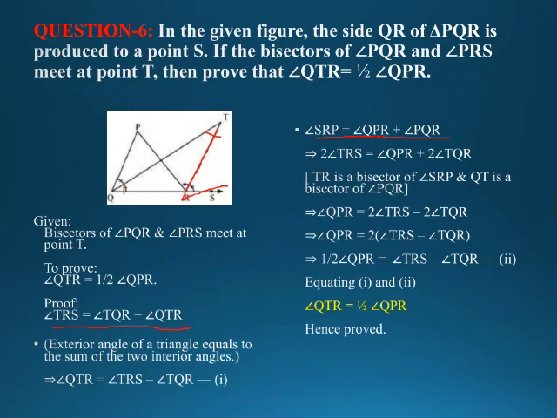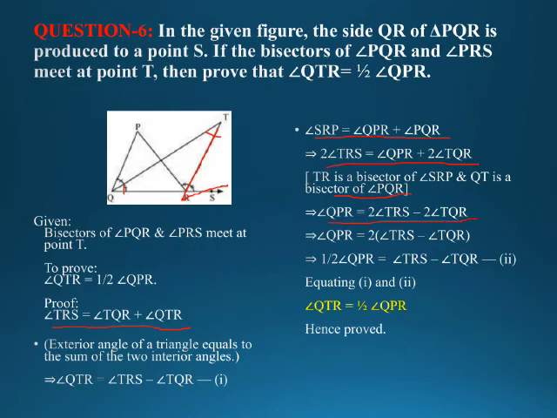So we can modify this as 2 of angle TRS equals angle QPR plus 2 angle TQR. Here TR is the bisector of angle SRP and QT is the bisector of angle PQR. So we can write angle QPR equals 2 of angle TRS minus 2 of angle TQR.